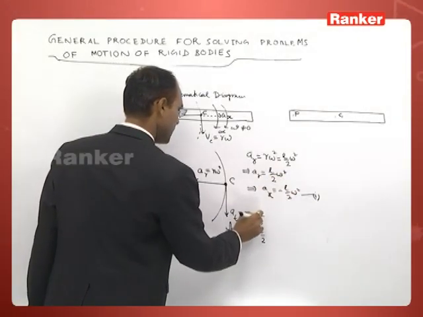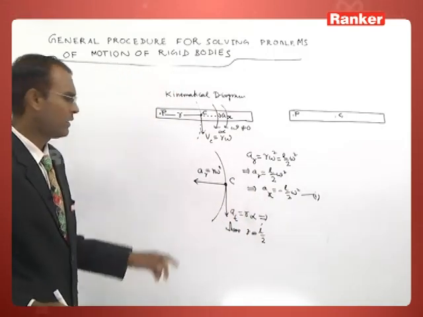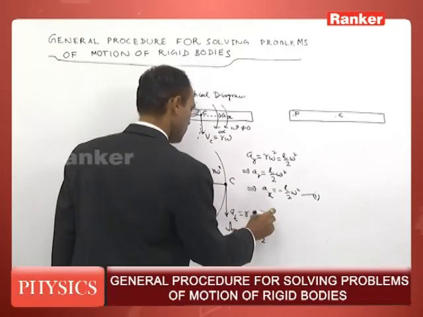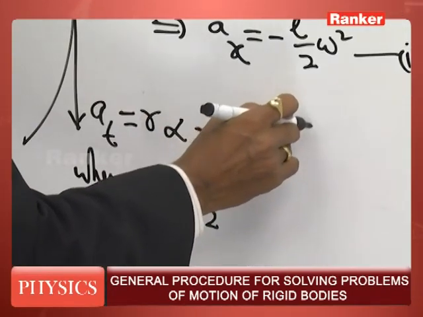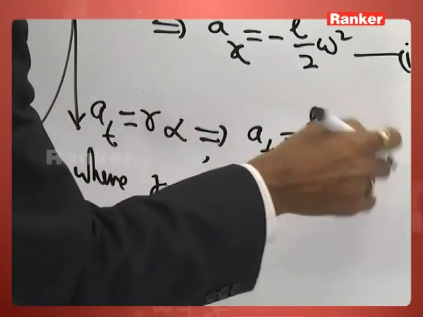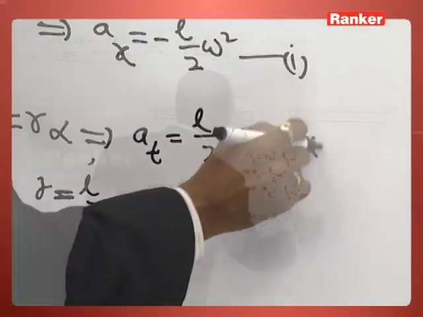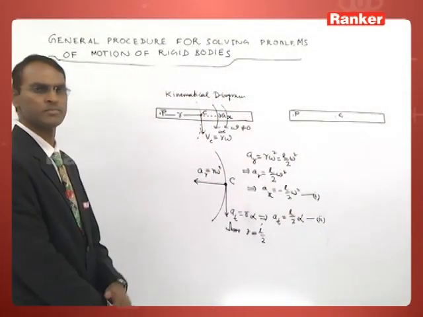And AT is equal to r into alpha, and r is equal to L by 2. Therefore, AT is equal to L by 2 into alpha. That is another equation.